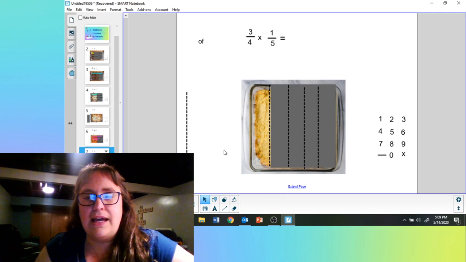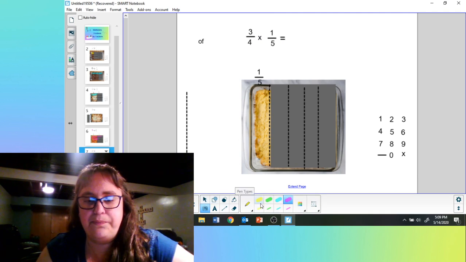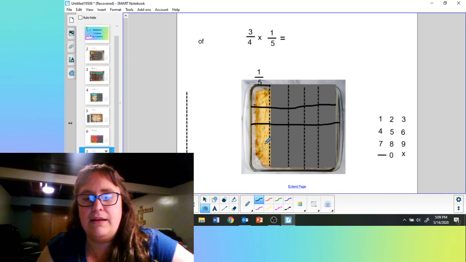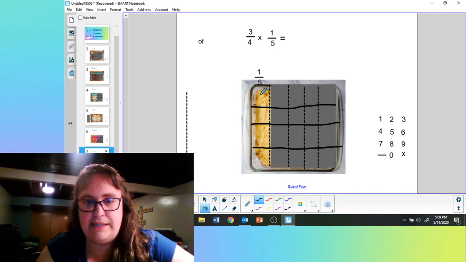All right, and out of that 1/5 that is remaining there, then we're going to split the remaining pieces into fourths. Again, I like to split that in half first. And then again, that should give me my 1, 2, 3, 4 pieces.